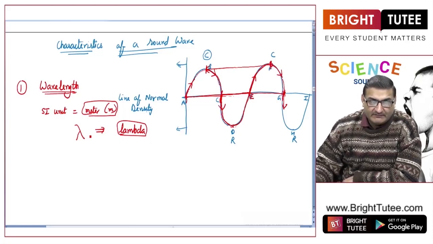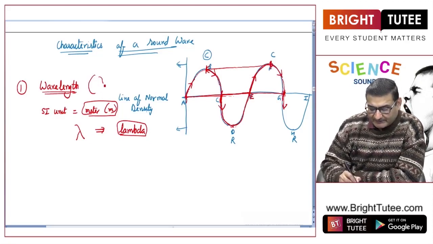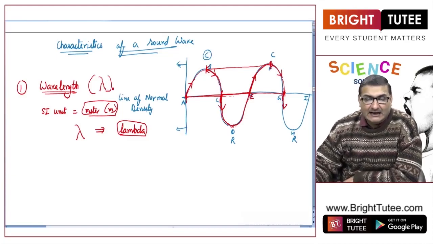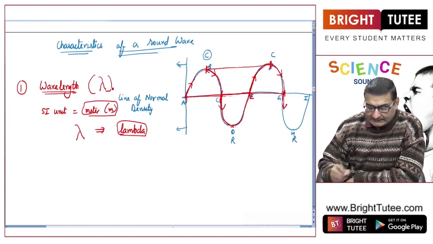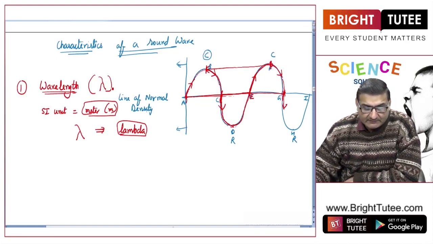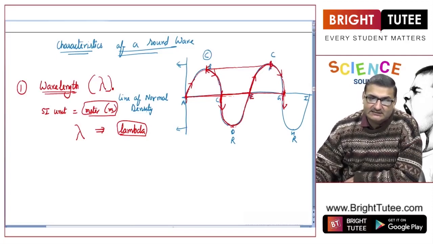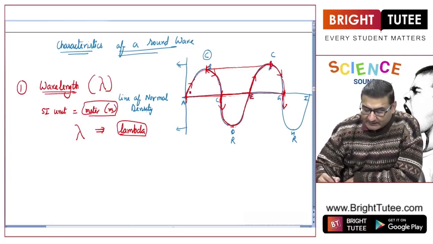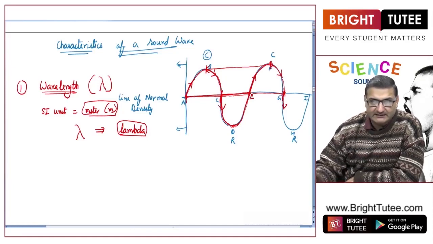So this is how we will represent wavelength, with lambda. So what is wavelength? Wavelength is basically the minimum distance after which this particular wave is repeating itself. One complete compression and one complete rarefaction, this distance is known as wavelength.